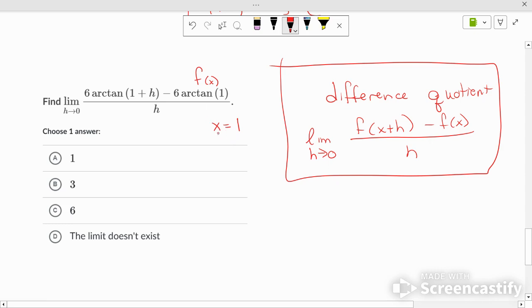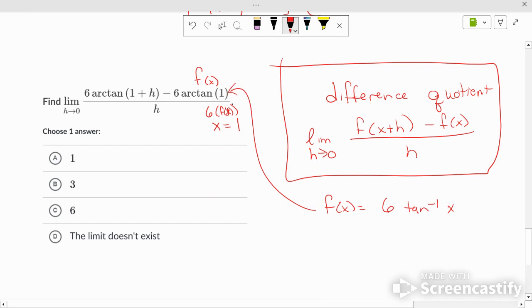So basically, it's 6 times f of x, correct? Right here, 6 times f of 1, but 6 times f of x. So what is f of x? Well, our function is basically 6 inverse tangent of x. Okay? That's the function that we see right here.